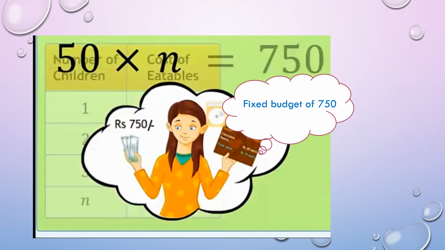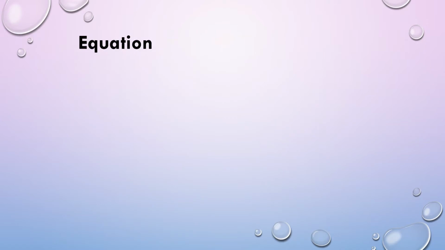If Anna has a fixed budget of 750 to spend on eatables, then 50 into n is equal to 750. This form is called an equation. This equation has numbers as well as a variable.